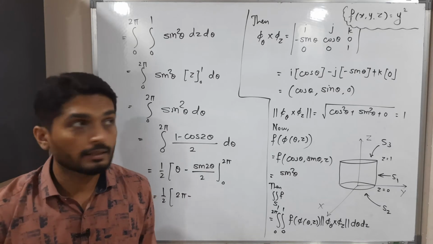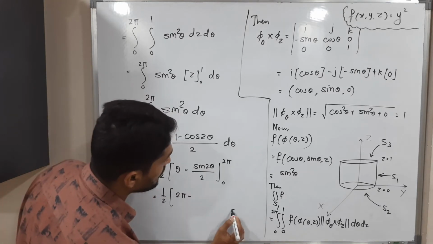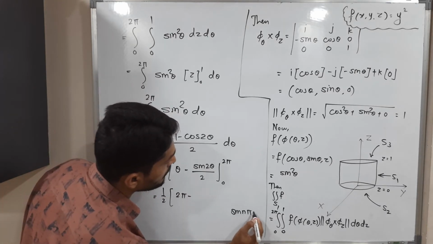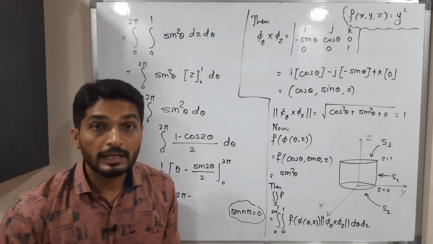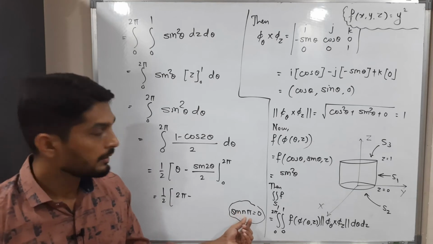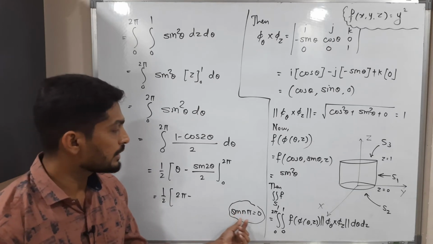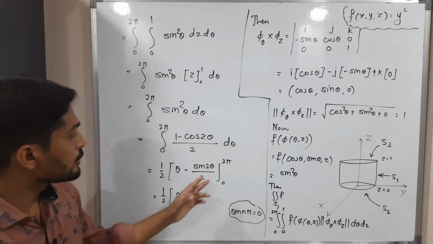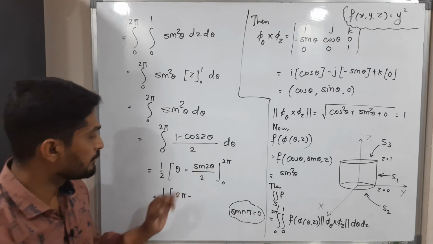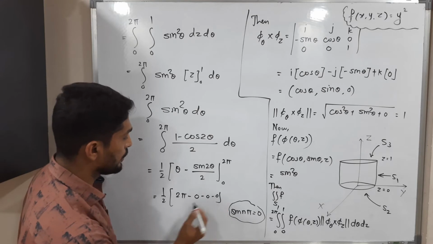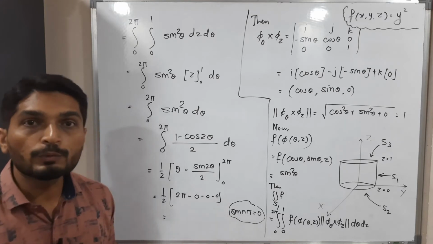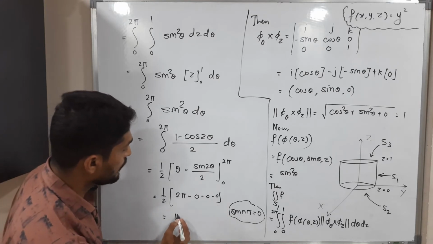But we know that sin n pi is always 0, where n is any natural number, positive integer or negative integer also you can take. So sin 4 pi is 0. If I put 0, sin 0 is also 0. So that 2 will get cancelled and we will have the value pi.